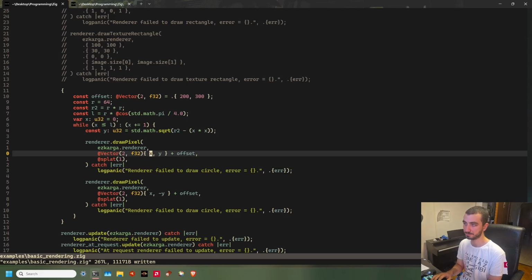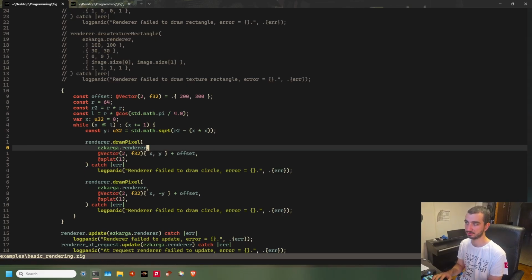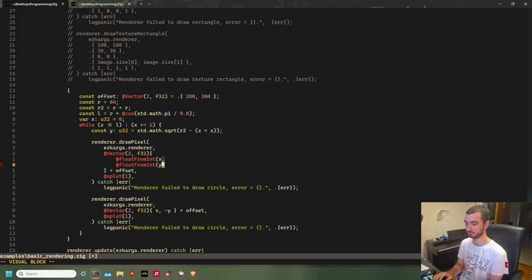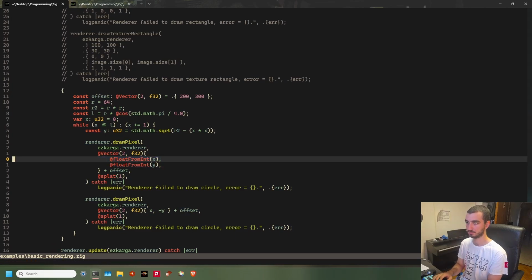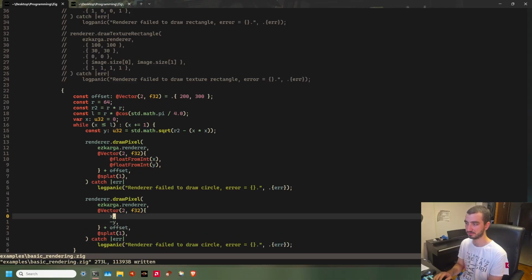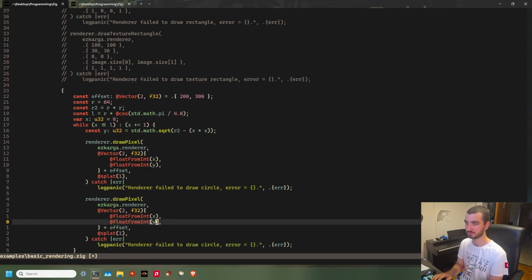And now we need to turn these x and y's to floats in here. Float from int, right? And we do the same for the other part of this. And this is minus y.